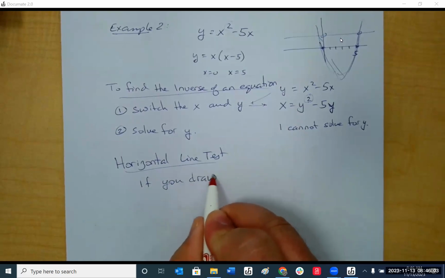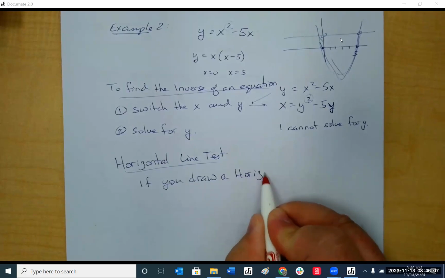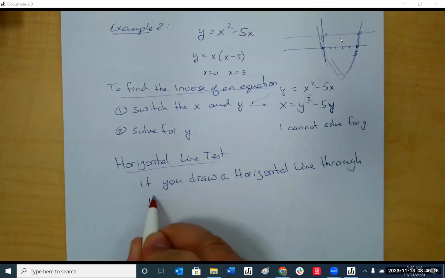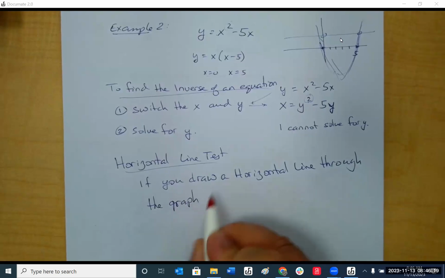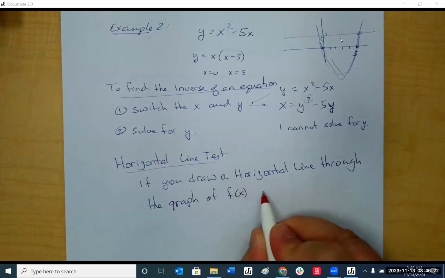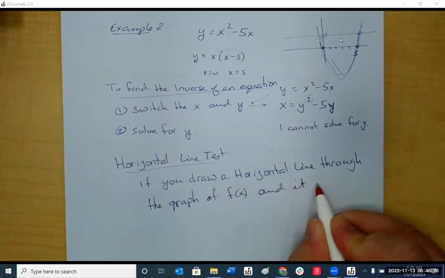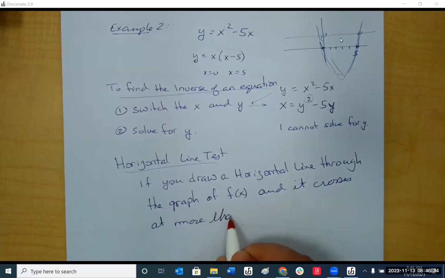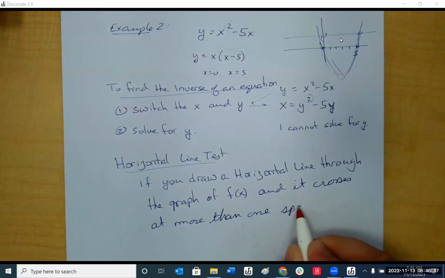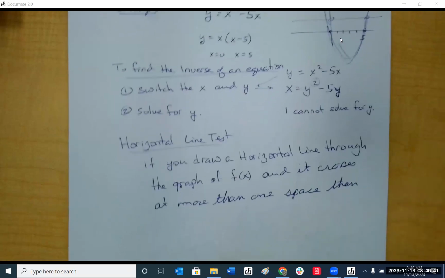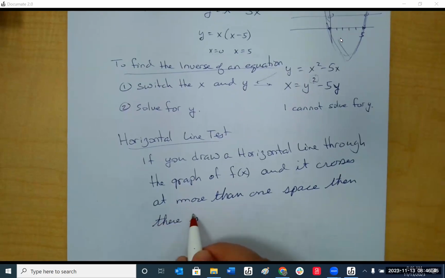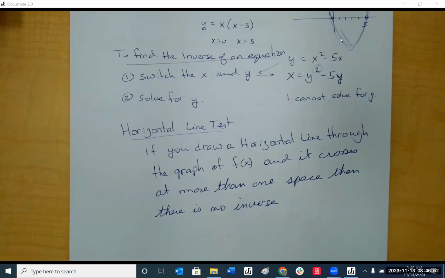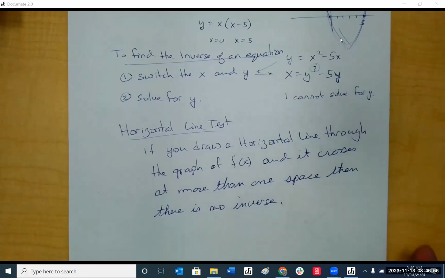If you draw a horizontal line through the graph of a function f of x, and it crosses at more than one place, then there is no inverse.